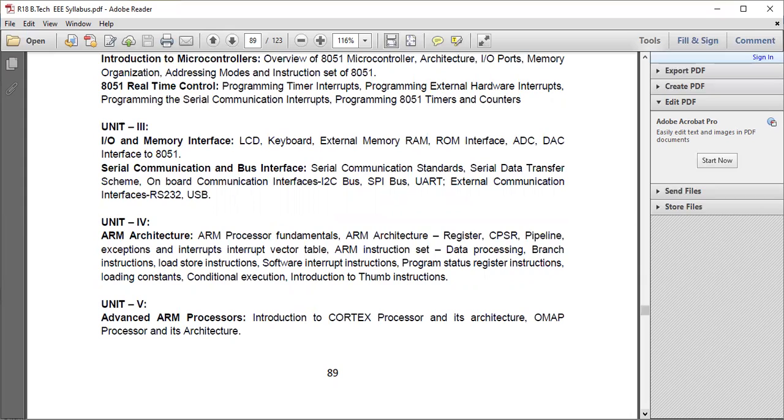In the third unit, second part, we will discuss some communication standards and interfacing techniques. How you are communicating to the external world, like onboard communication and external communication. Onboard communication is nothing but, in one single board, we communicate from one protocol to another protocol. Here we have SPI, UART, and I2C. External communication is like the RS-232 cable. You will see it in your desktops while you are connecting from CPU to monitor.